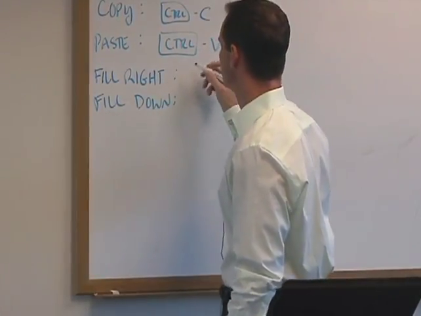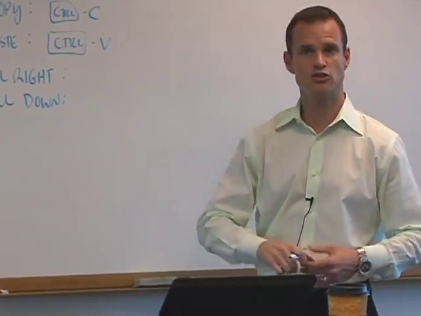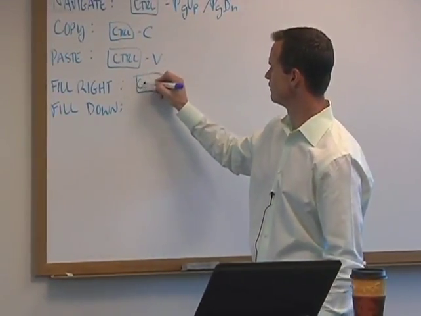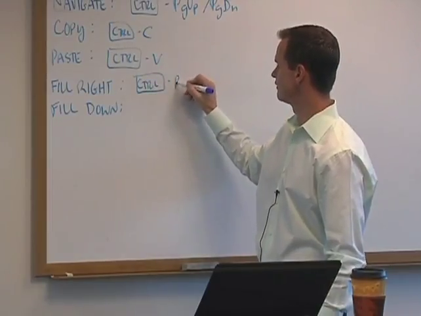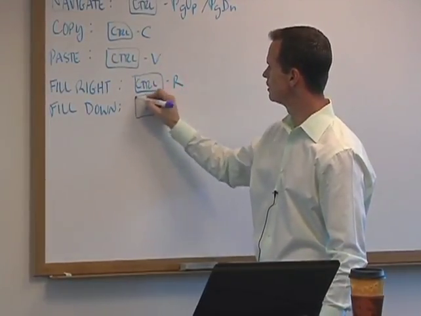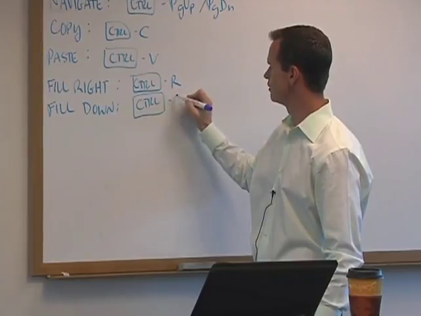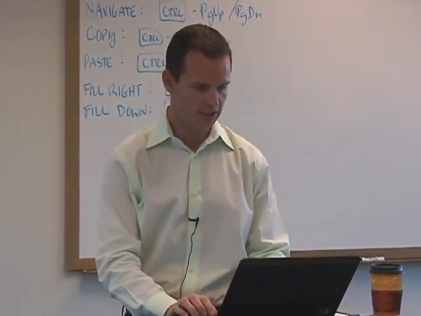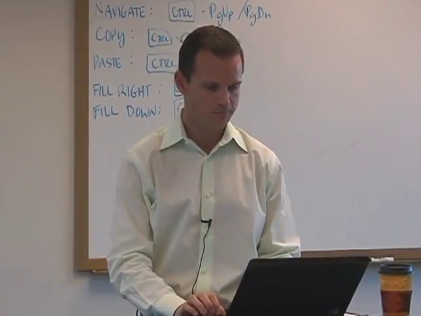It's just like a copy-paste, but an extreme short form of that. If we wanted to fill something to the right, like we did often last week, it's Control-R. To fill something down, we used Control-D. And for those of you who weren't here last week, I'll show you that again.